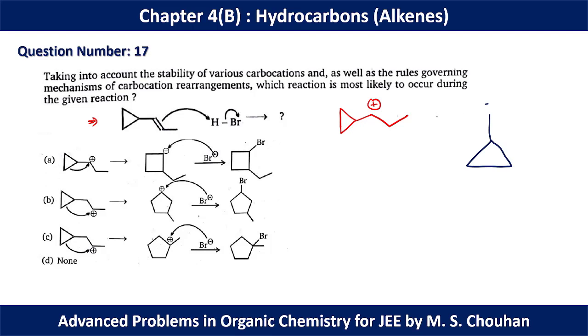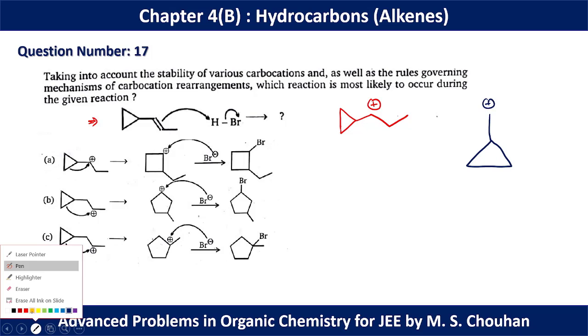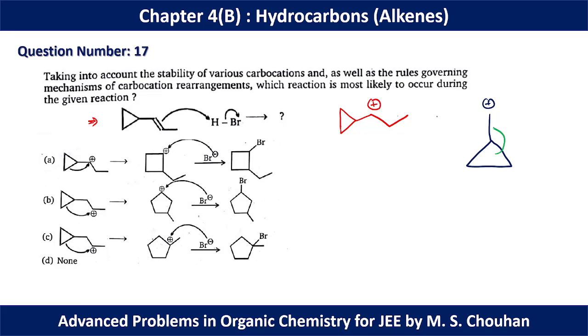If we have this kind of situation, there is no ring expansion possible, because this three member ring is very much unstable. That's why in this case we have this kind of dissociation, and finally we have this kind of carbocation. So in A, B, C, all of them, there is ring expansion, which is not possible for a three member ring. Okay, so none should be the correct answer, and in this case the situation should be like this.